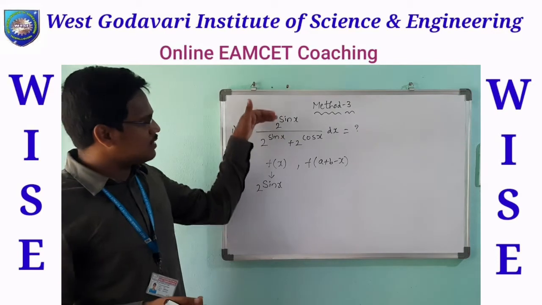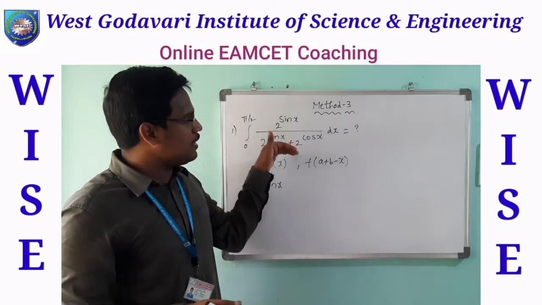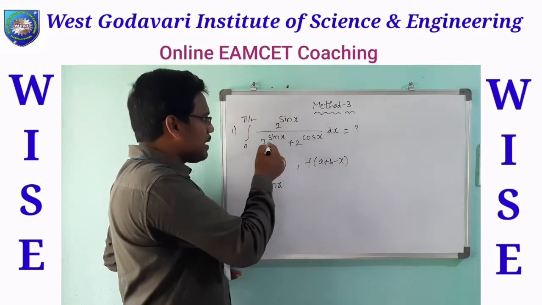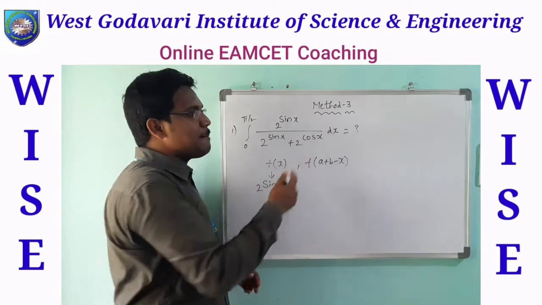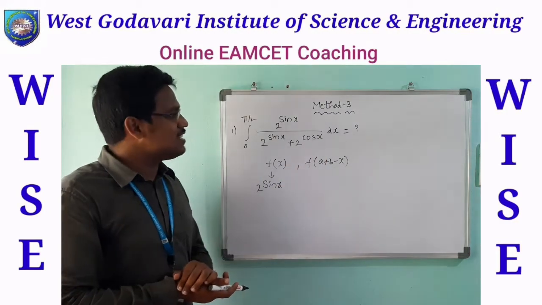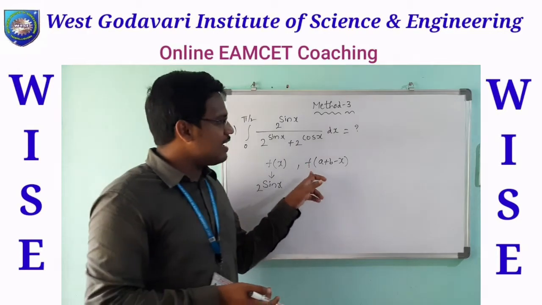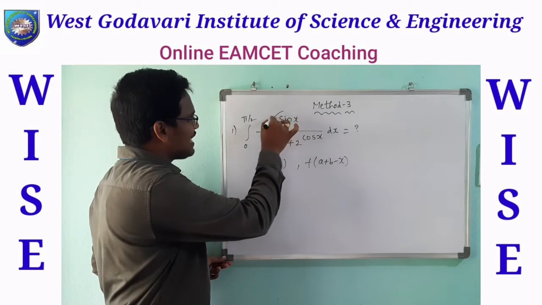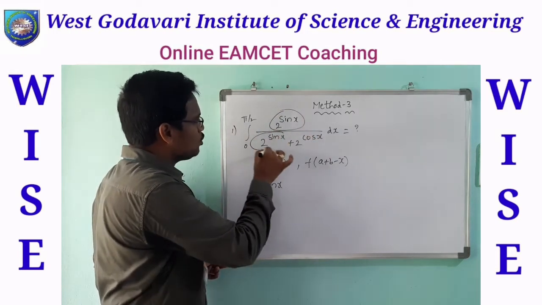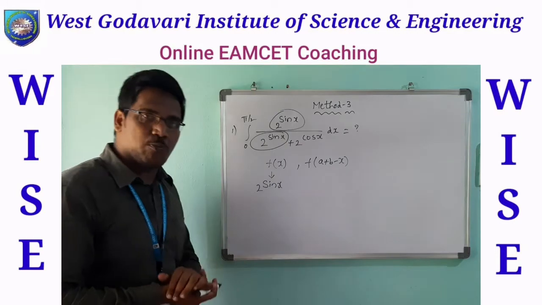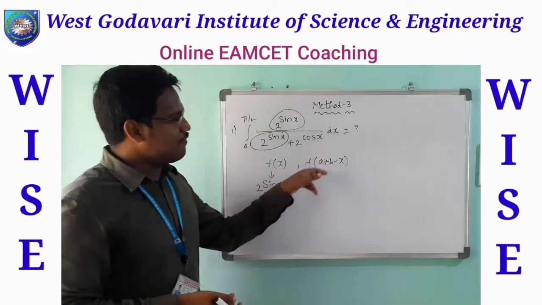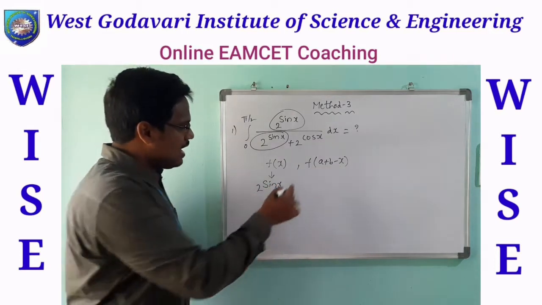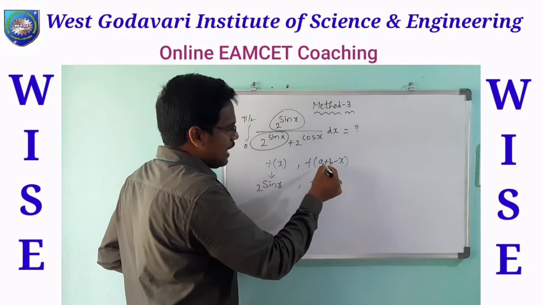So compare this format with our method 3. Method 3 represents f(x)/(f(x) + f(a+b−x)). It contains two functions, that is f(x) and f(a+b−x). Here the f(x) function is 2^(sin x). Hence f(x) is 2^(sin x). Now coming to f(a+b−x).